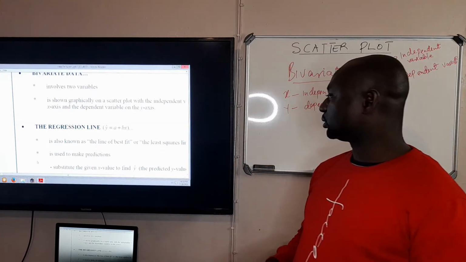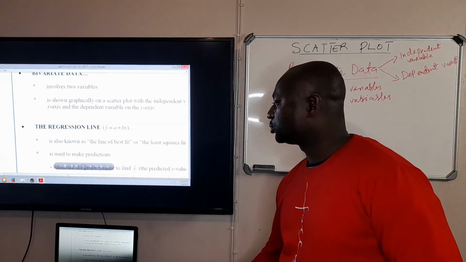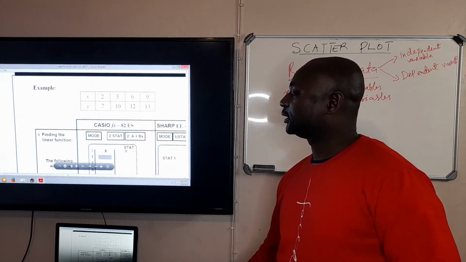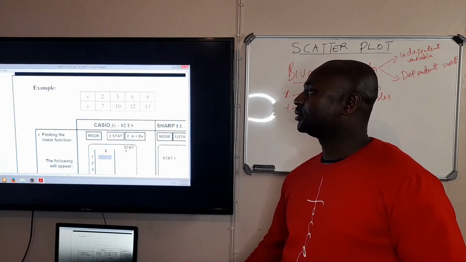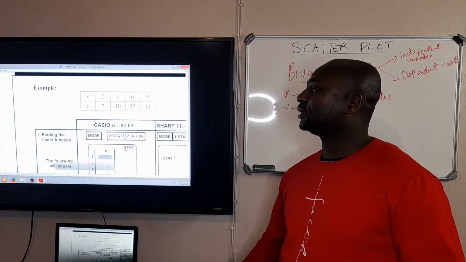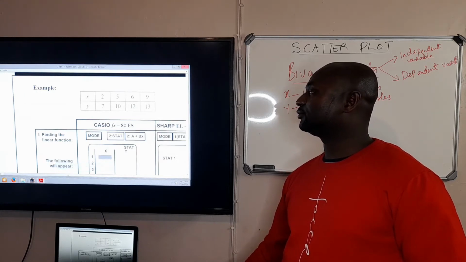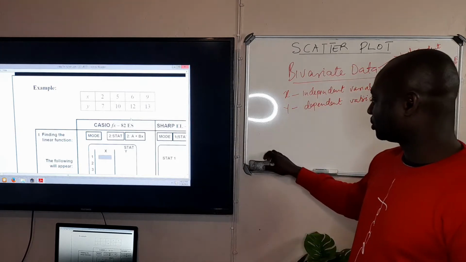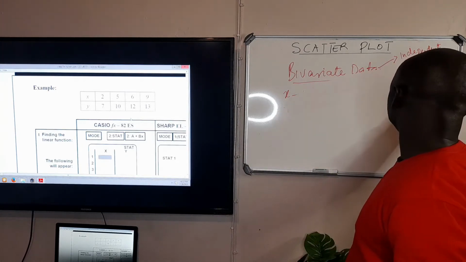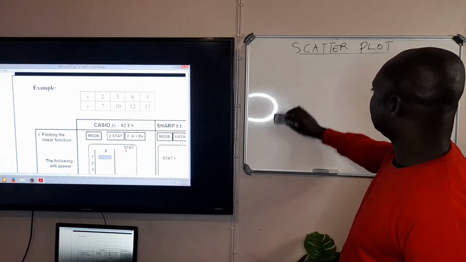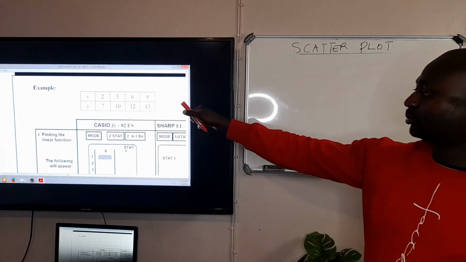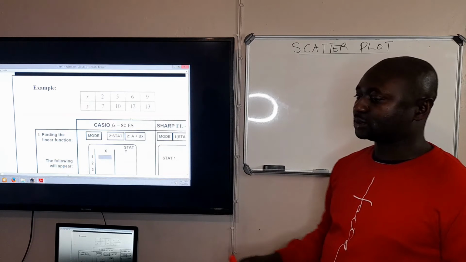For example, they have given this table of X and Y. The X values are 2, 5, 6, 9, and the Y values are 7, 10, 12, and 13. With this table, you are going to plot it on graph paper. In your answer booklet, they will attach a graph paper and ask you to plot these points on the scatter plot.